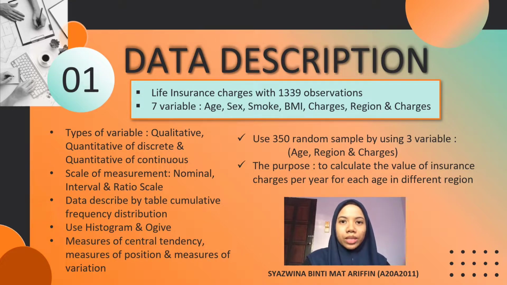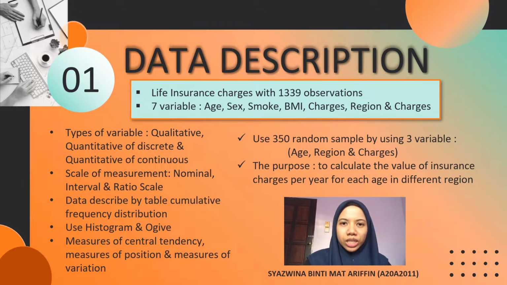The data can be described by using a table of cumulative frequency distribution, and then we can arrange it to be grouped data. We decide to make a histogram and OGIVE for graphical representation. From the table, we can calculate the measure of central tendency, measure of position, and measure of variation.